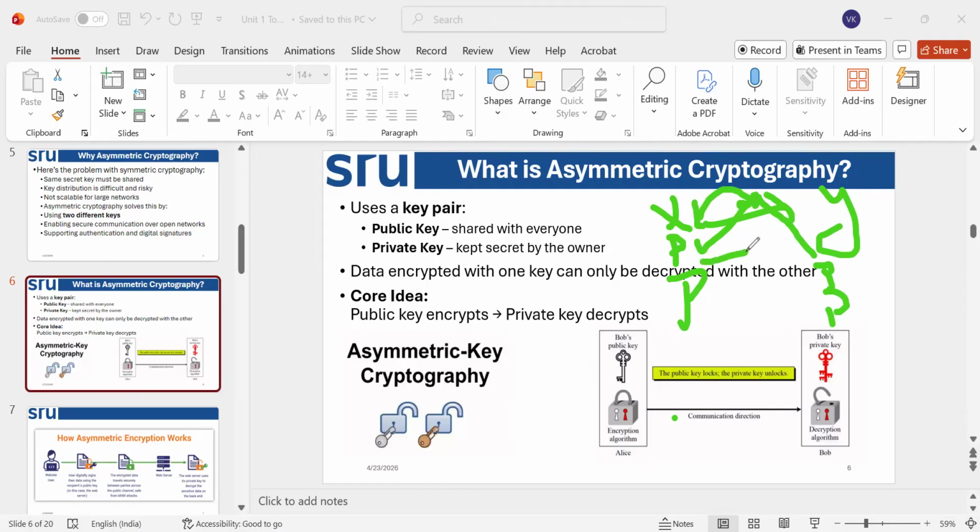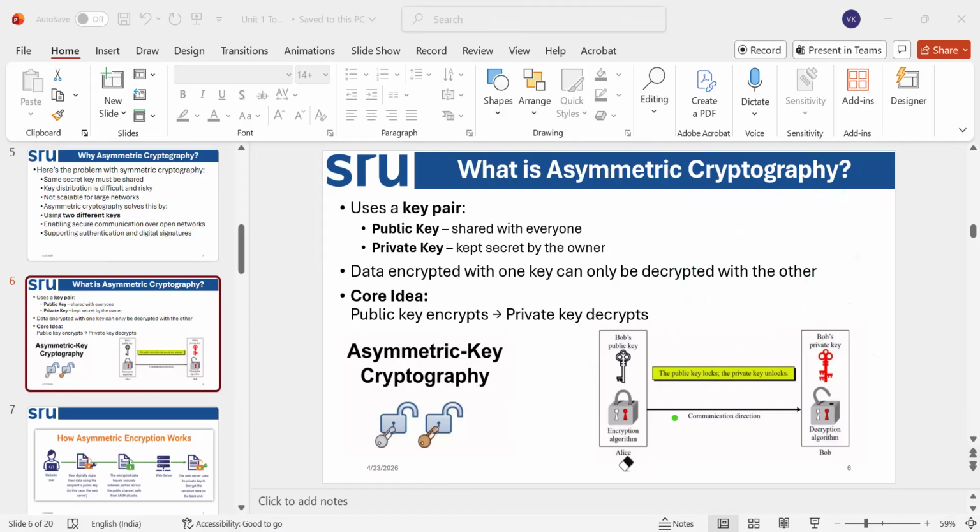Then X sends the message with encryption using Y's public key. When it reaches Y, it can be decrypted only by Y's private key, so that Y can read it. That is how encryption and decryption work in asymmetric cryptography. I hope you understand the concept.